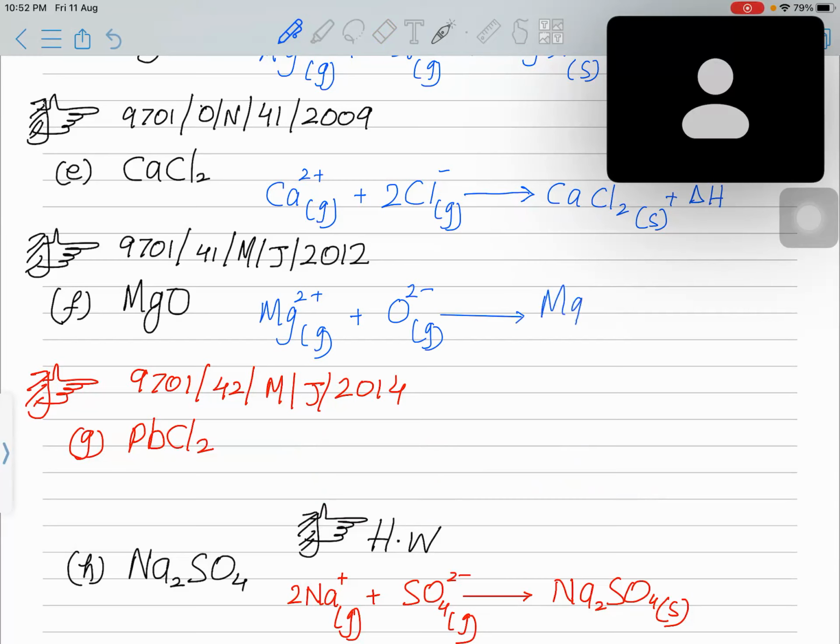So lattice energy is only used for ionic compounds. It is not for covalent compounds. Whenever an ionic solid is formed from gaseous cation and gaseous anion, energy is released. This energy is called lattice energy.